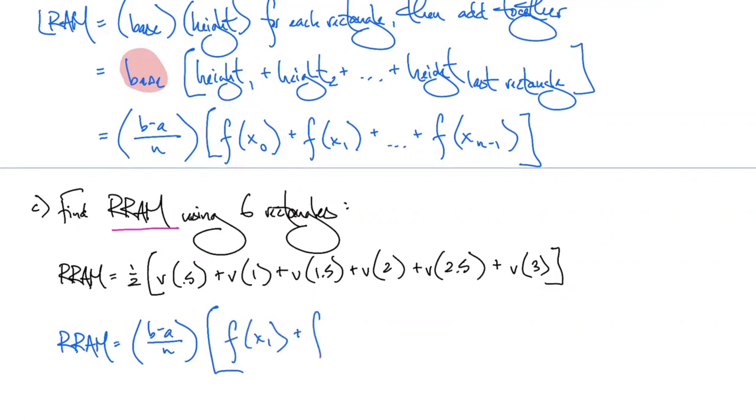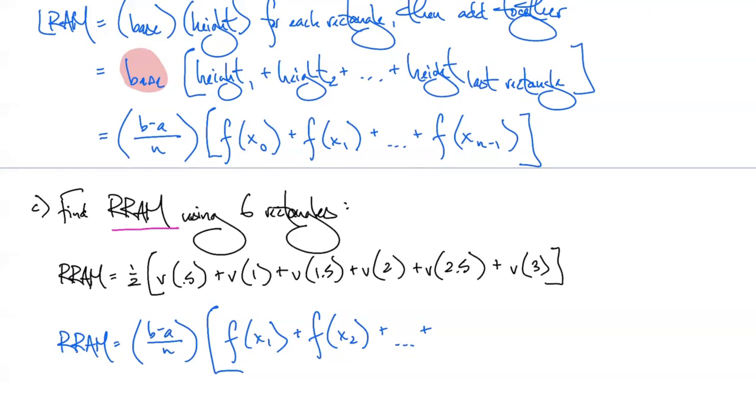The next one would be f of x sub 2. Plus, how would we represent the last one? X of the last one, not N minus 1.